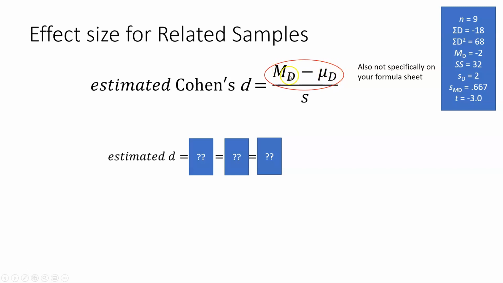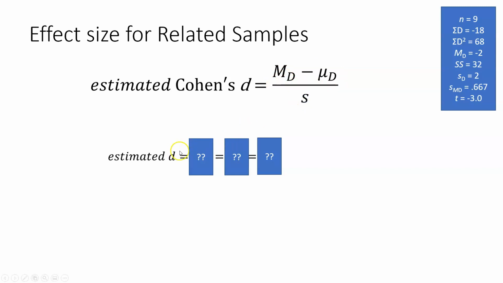So you compare the mean difference that you actually got divided by the standard deviation. What you're doing here is comparing the size of the difference you found in terms of standard deviation units.